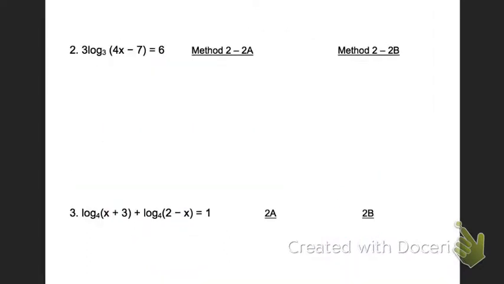Okay, here we have an example where we just have a log on one side. I'm going to cross this out. I need to condense the left side, but another thing you can do, if I have a 3 in front, is instead of writing 4x minus 7 cubed, you can just divide by 3 first on each side.